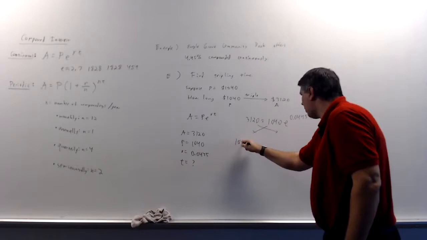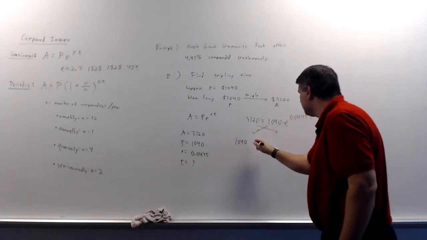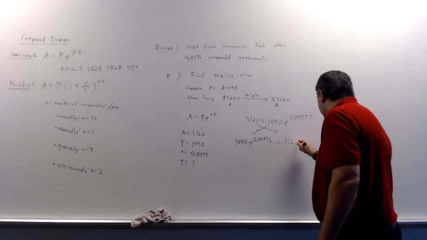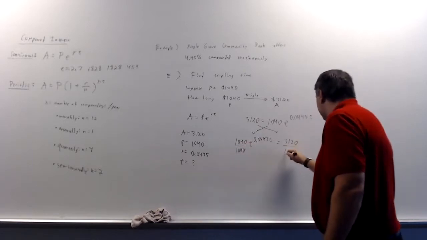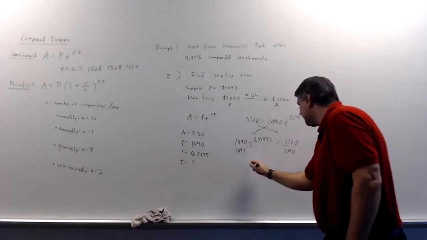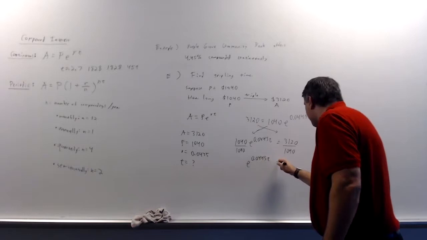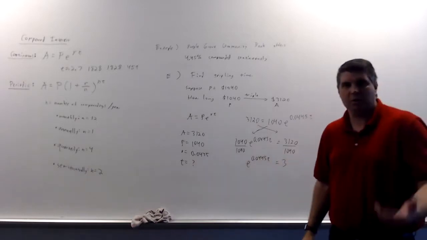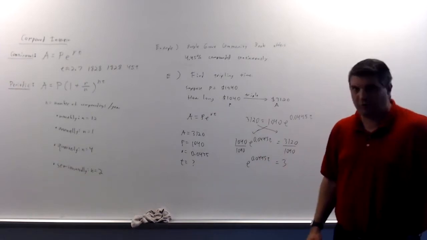Since t is my unknown, I want to move that side to my left. 1040 e to the 0.0445t power equals 3120. Divide off the 1040, and I'm left with e to the 0.0445t power equals 3. Doubling time, you end up with 2. Tripling time, you end up with 3. If you ask for quadrupling time, you end up with 4.